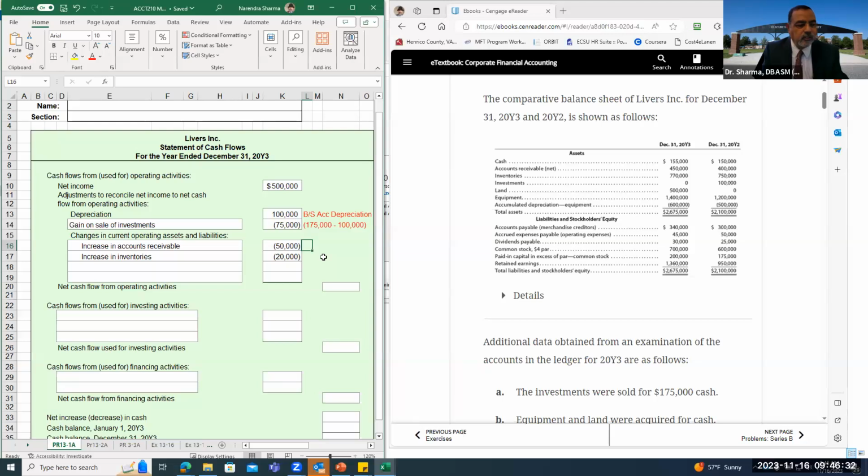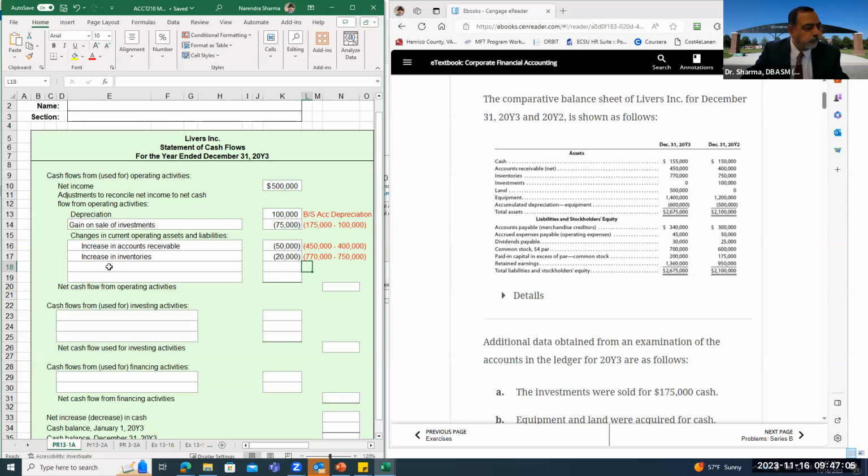If you want to write down how I got that 50,000, accounts receivable was 450,000 minus 400,000, and the inventory was 770,000 minus 750,000.